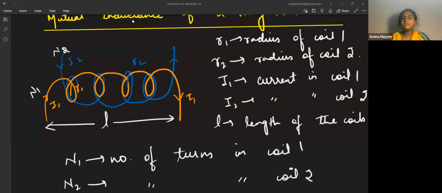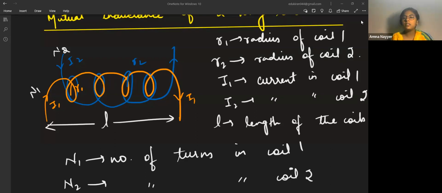So see, 1 and 2, I have just named it. One is this first coil, the orange one, and the blue one is the second one. So everything is written. R1 is the radius of the first one, R2 is the radius of the second. Current in the first coil is I1, I2 is the current in the second coil. Length of both the coils will be the same. In your syllabus, length of coils will be the same.